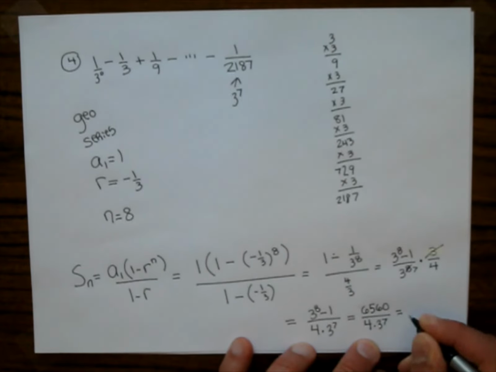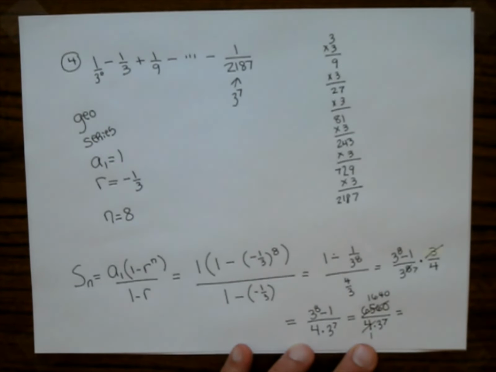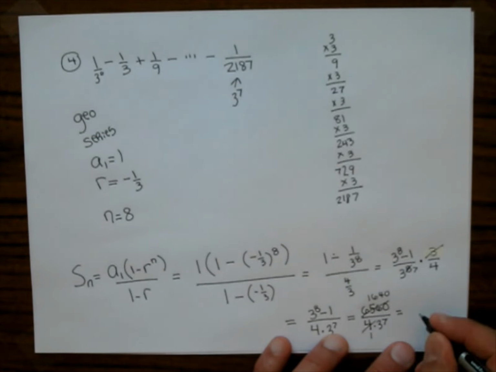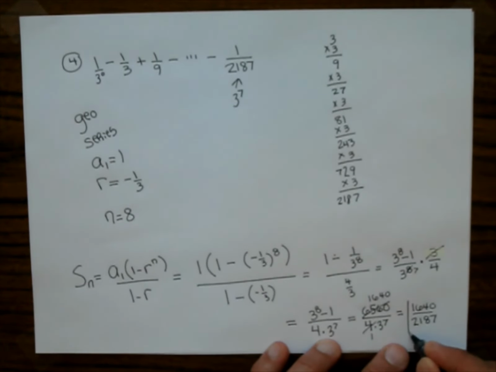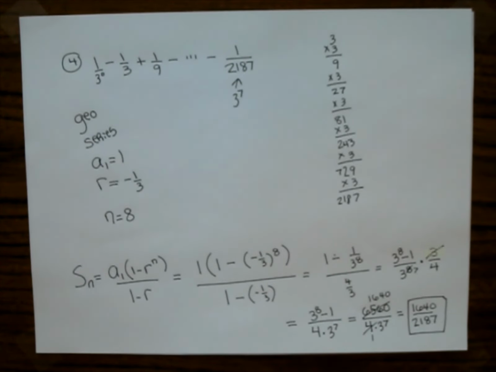So I divide out by 4 here, and this becomes 1640 over 3 to the 7th. And what is 3 to the 7th? 2187. And so you get something that looks like that right there.